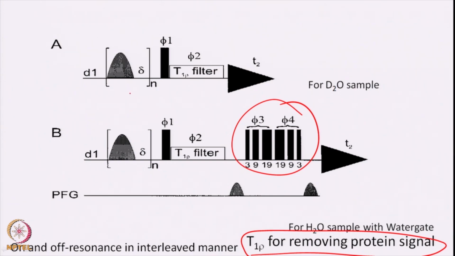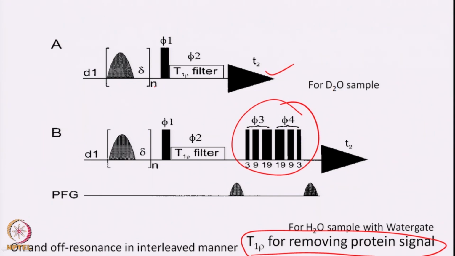Here is a saturation, then you have a 90-degree pulse and then a T1rho filter for removing the protein signal, then you detect. Now, you have to increase the saturation time. If you increase the number n, the saturation time will increase, and that will be shown essentially on the protons of the ligand. The closer one will be affected first, then the farther ones.